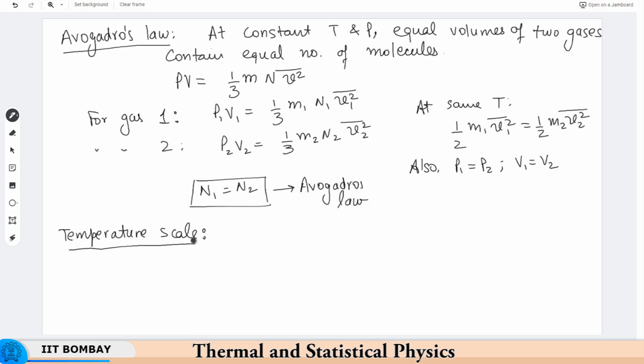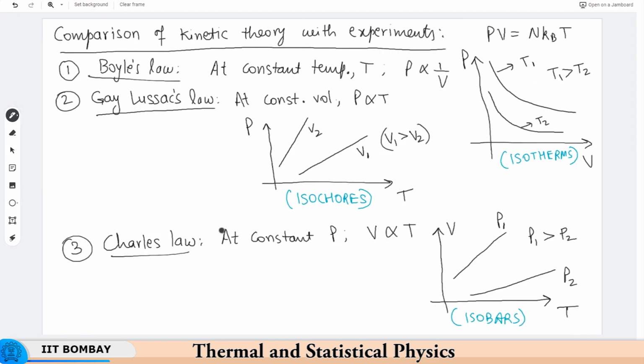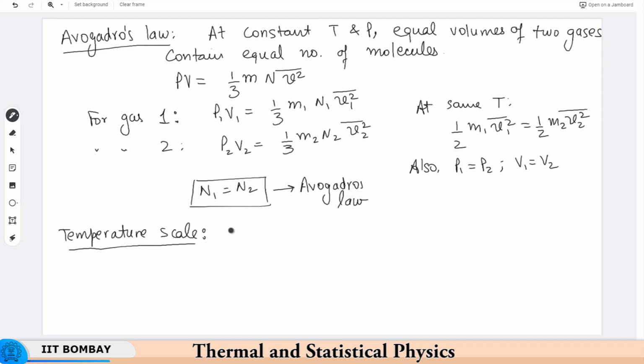Okay. So, we'll go back to Gay-Lussac's law, right, which said that the pressure of a given gas is proportional to its temperature at a given volume, right. So, from Gay-Lussac's law, at constant volume, the pressure is proportional to temperature, right.